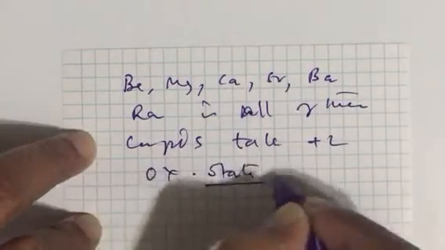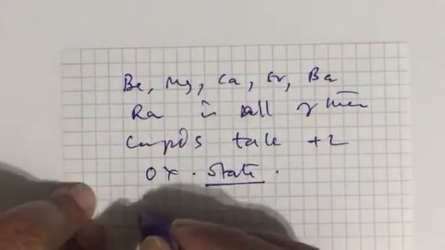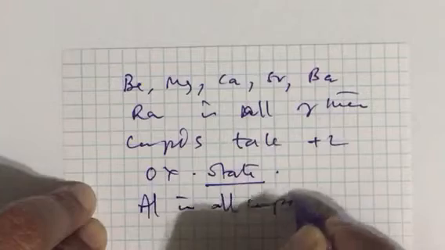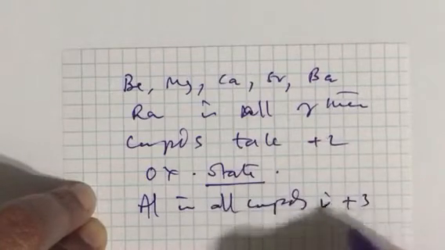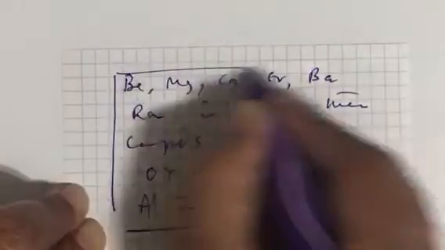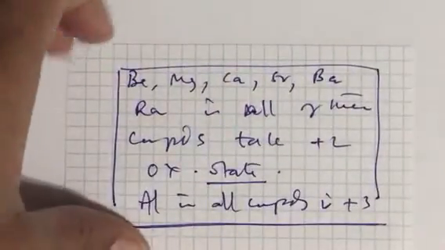Oxidation number or oxidation state, both are one and the same. Aluminum in all its compounds is +3. So these are universally valid observations. For other elements, oxidation states can vary. They may show sometimes positive, sometimes negative, sometimes zero, like that.